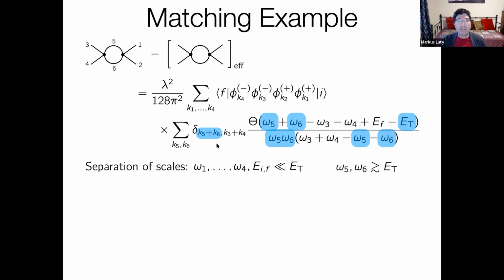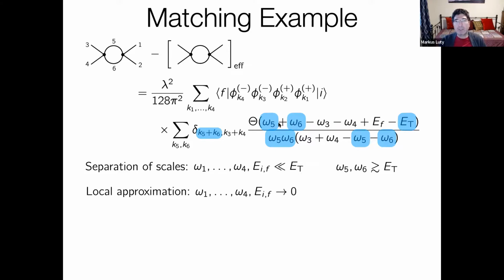And so then the things that are required to be large are both k5 and k6, the momenta in these lines, have to be large. And so these quantities here in blue all have to be large. And we see that basically this theta function is saying that omega 5 and omega 6 are both large.